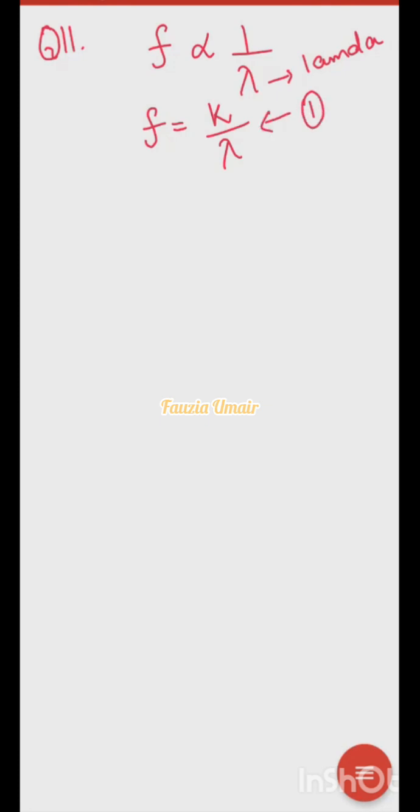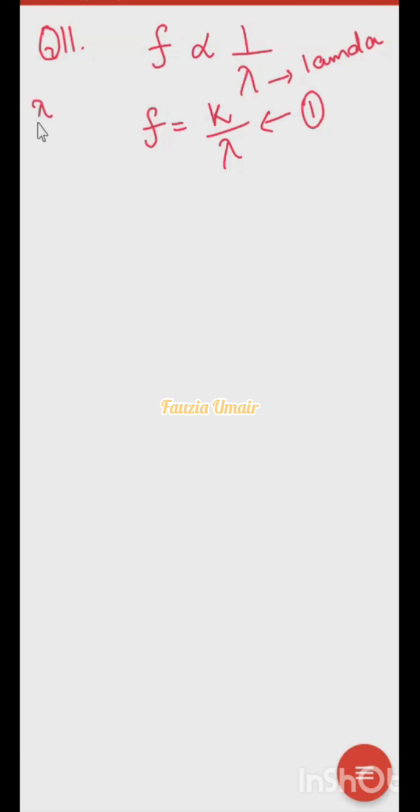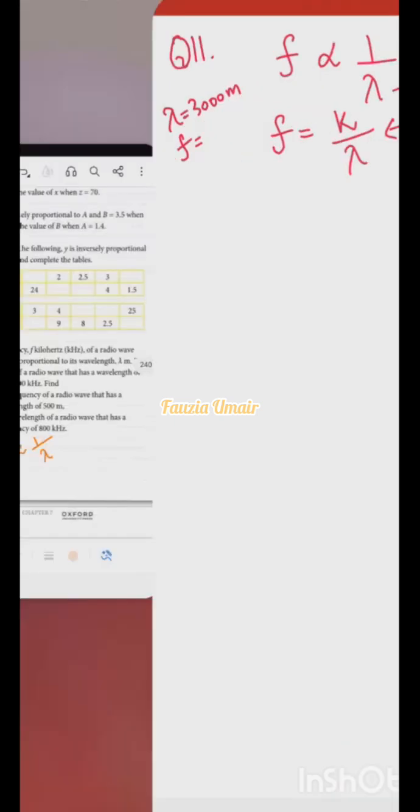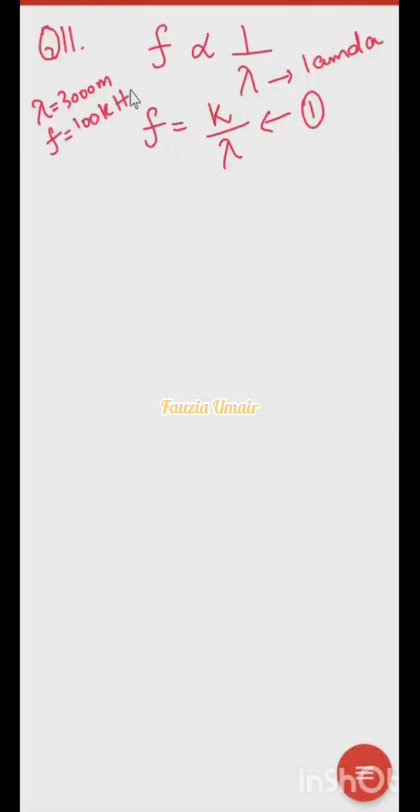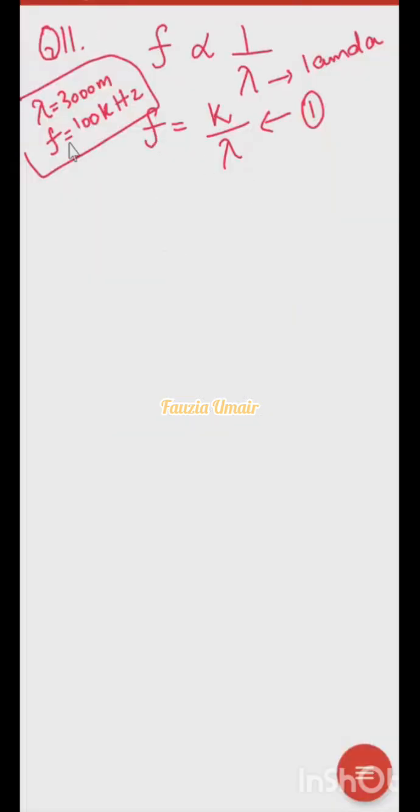Now let's see what values are given. It is given that if the wavelength is 3000 meters, the frequency is 100 kilohertz. You might have seen kilohertz as a unit of frequency in waves in science. There are two parts. First of all, we make the equation: put the data in the equation, so 100 is equal to k by 3000.